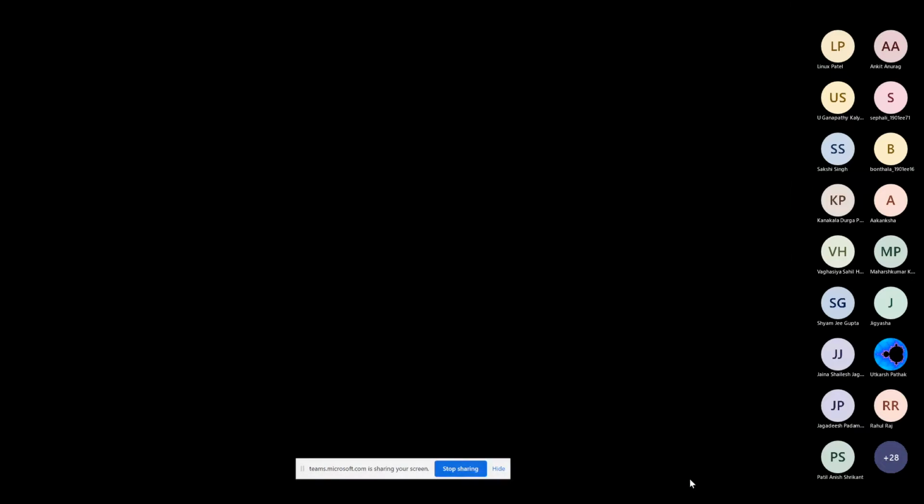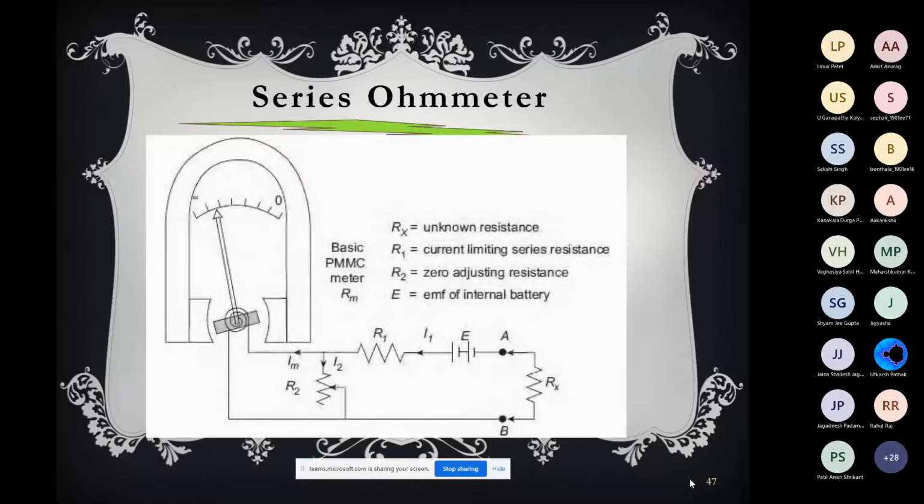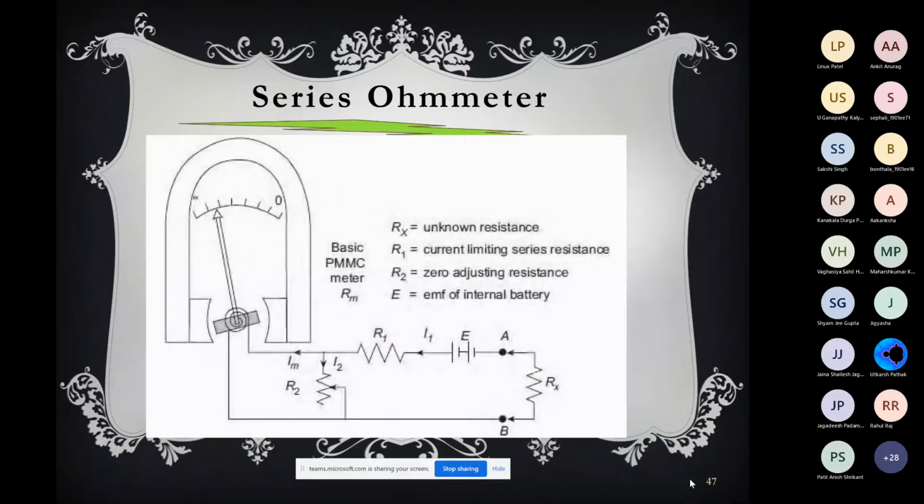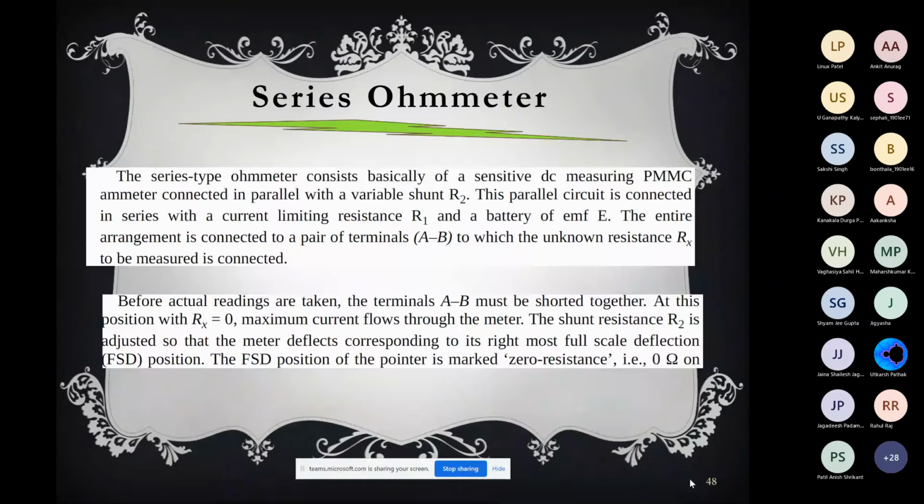Now, if you see, this is a series type of ohm meter. It consists basically of a DC PMMC instrument, or PMMC ammeter, connected with a variable resistance R2, which, you note it, is called the zero adjusting resistance, and then a series resistance R1 is connected, which is called the current limiting resistance, and a battery is connected with it.